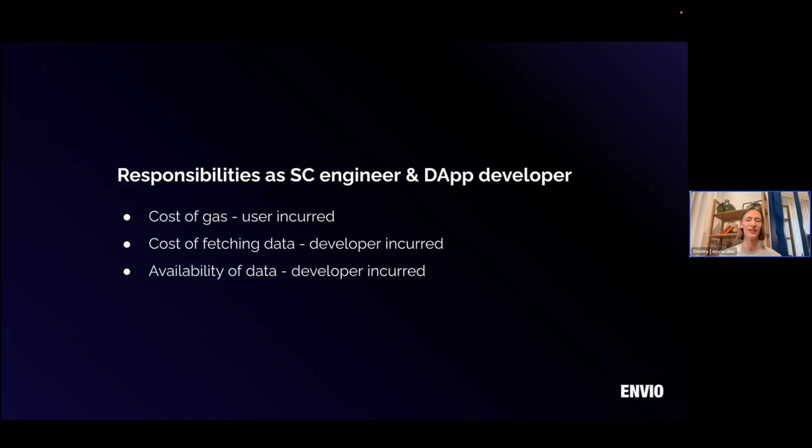We should know that we don't have huge latency, and also that it's in the format we want to use, the most convenient format for us, and that we even have this data, because sometimes we want to use some data, but it's not on chain and we just can't read it.